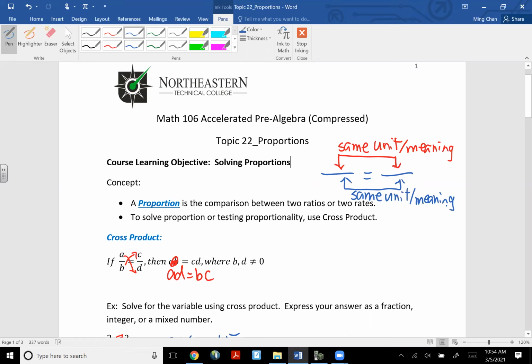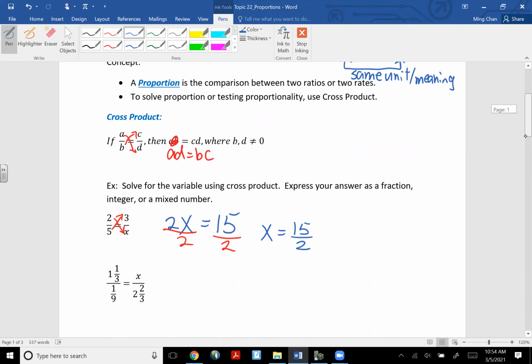You'll be given three numbers, so you need to find one. The fourth number will have some sort of units on it. So that's how you know where to line up all your units. So let's look at this example right here.